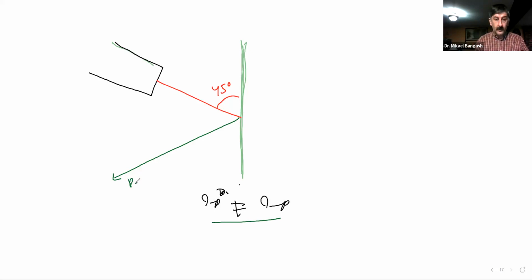But this is going to be your reflection. And what we should know by now is that this produces an angle of 45 degrees, because as we said, angle of incidence equals angle of reflection.